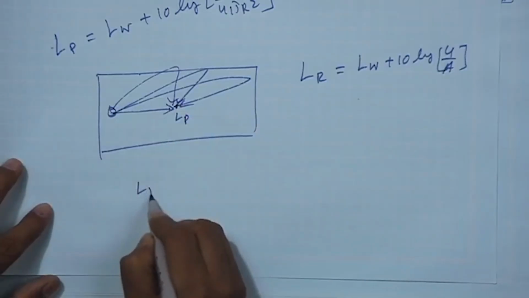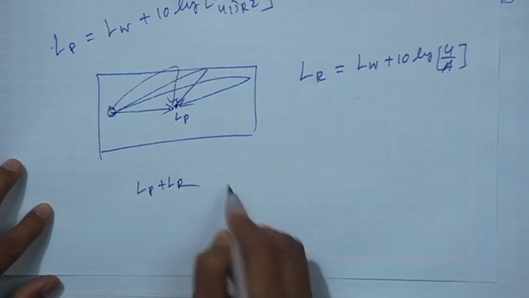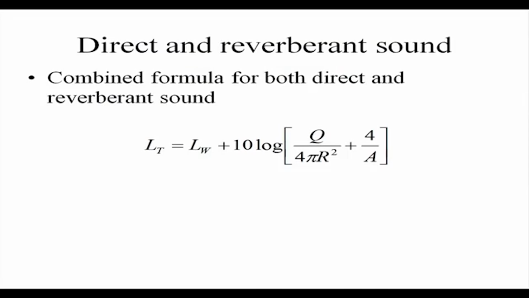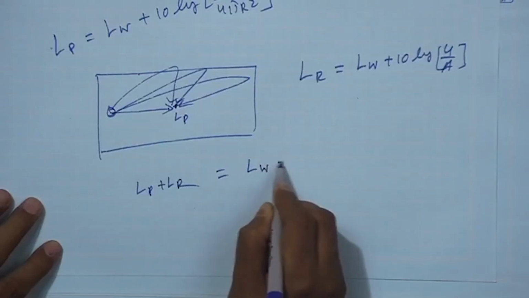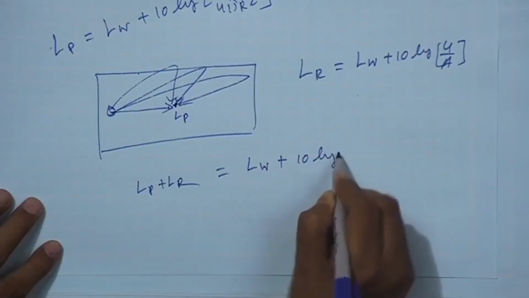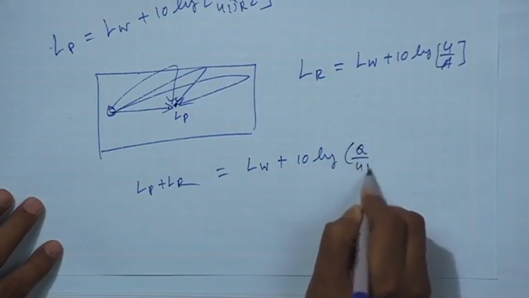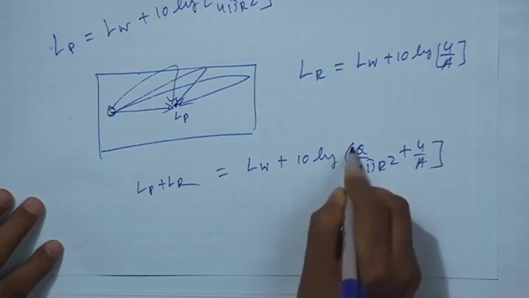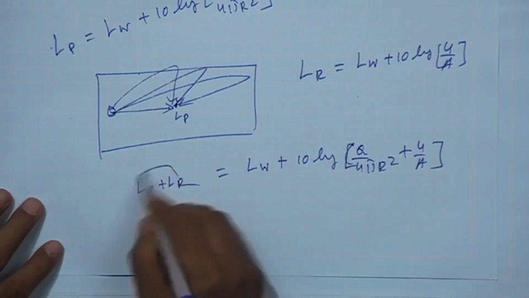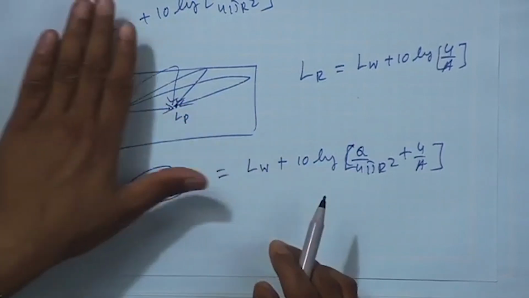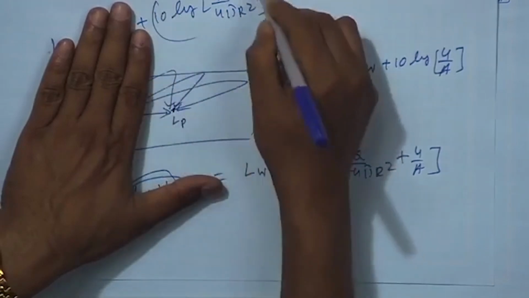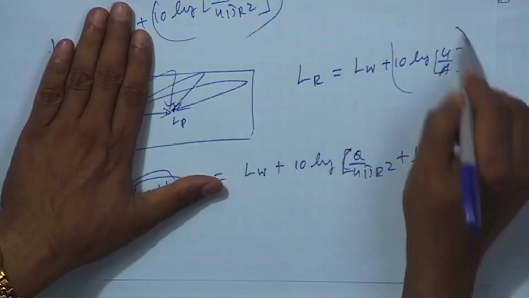Now, what is the total power at this point? L_P plus L_R. So, it is nothing but L_W plus 10 log of Q by 4 pi R square plus 4 by A. L_W remains the same. The direct power and the reverberant power are added up.